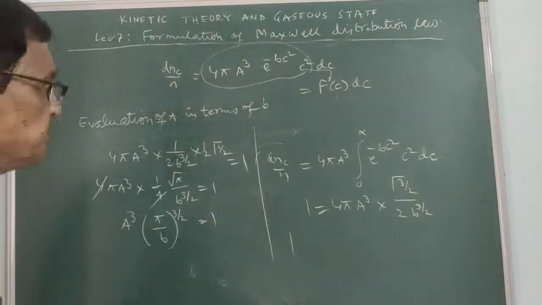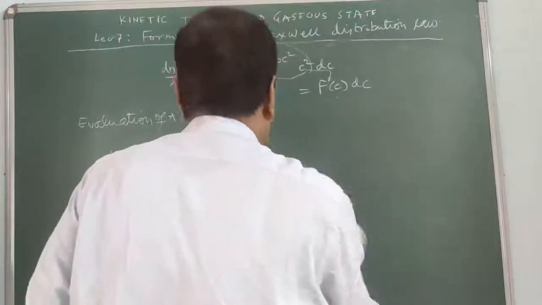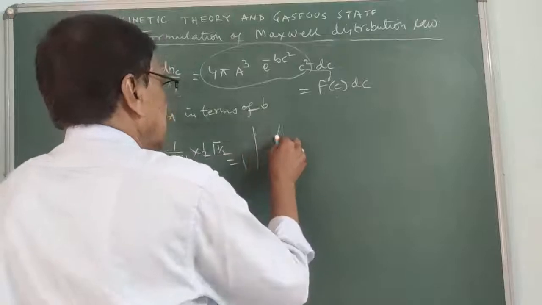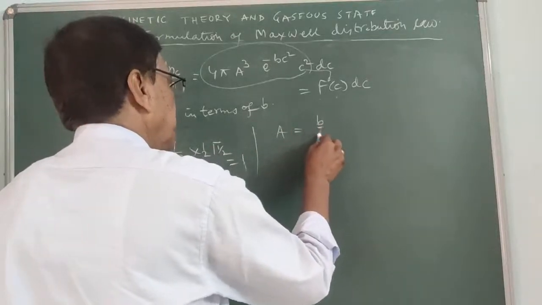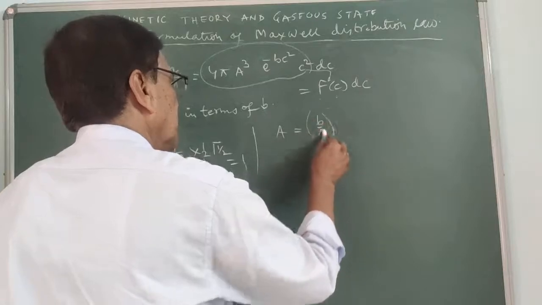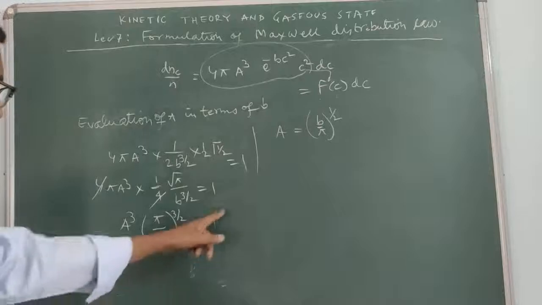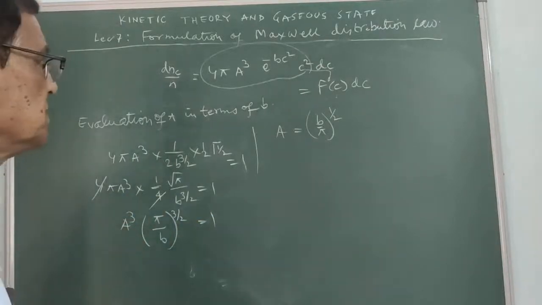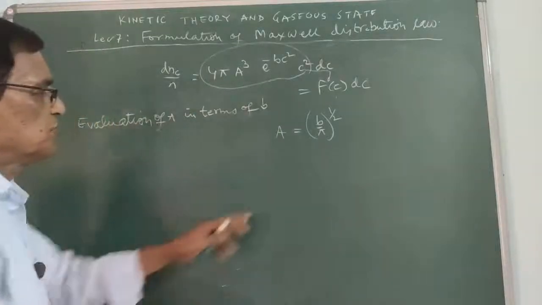So actually this a equals b by pi to the power half. So this is the value of a. This is the expression of a in terms of b.